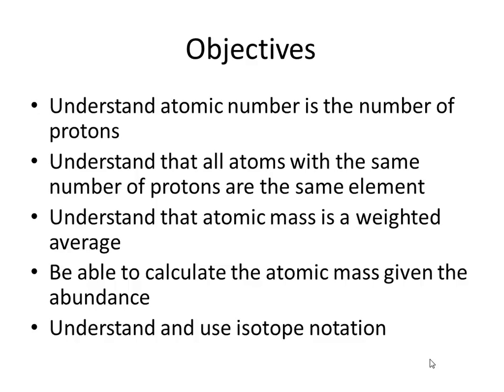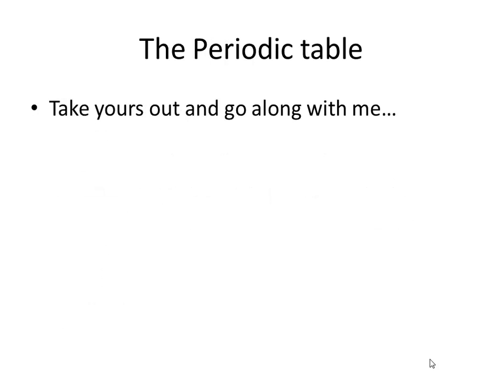Atomic mass is an average of the masses of all the isotopes. And we should be able to talk about and calculate atomic mass given abundance. We should also know isotope notation. So look at your periodic table along with us, and mine's right here.